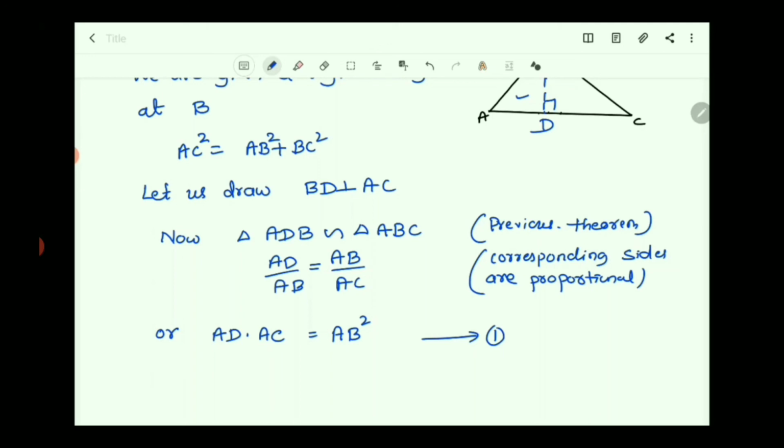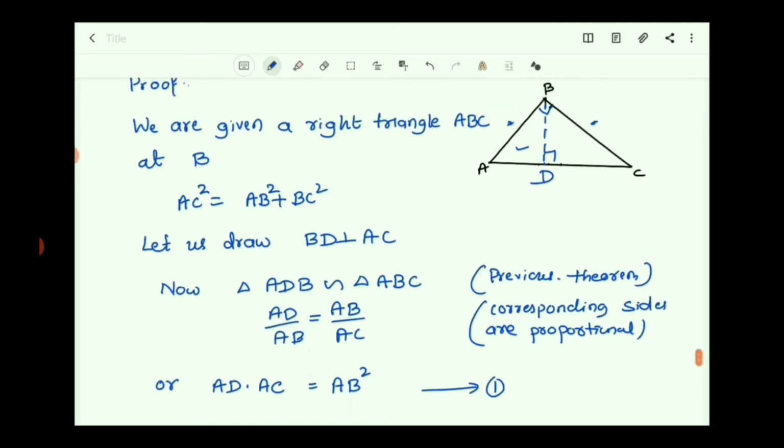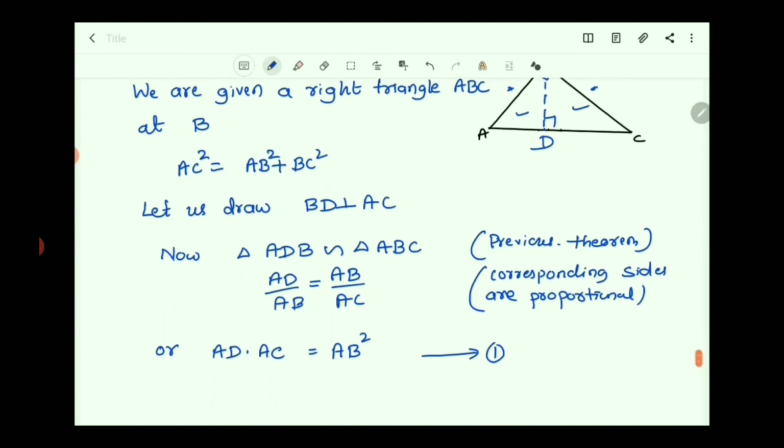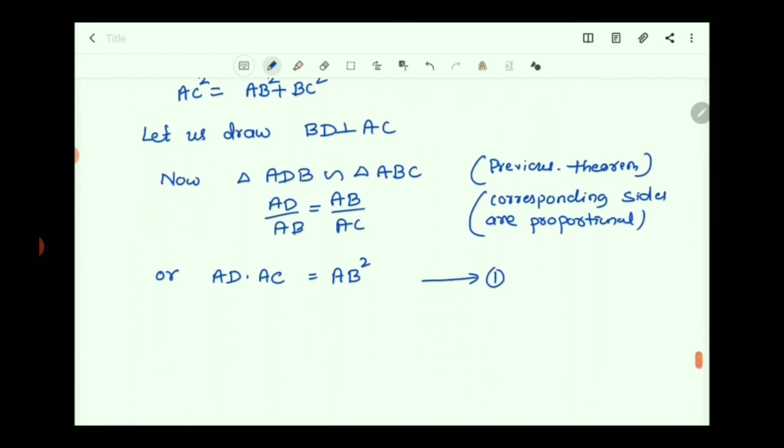Now again, one more pair of similar triangles you will get here, that is triangle BDC, similar to the given triangle ABC. Triangle BDC is a newly formed triangle, made by drawing the perpendicular from vertex B to the hypotenuse AC.